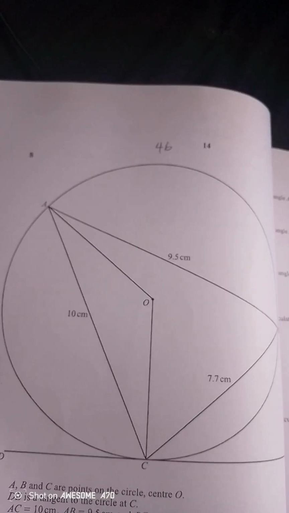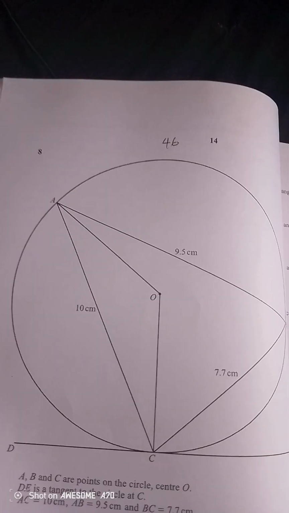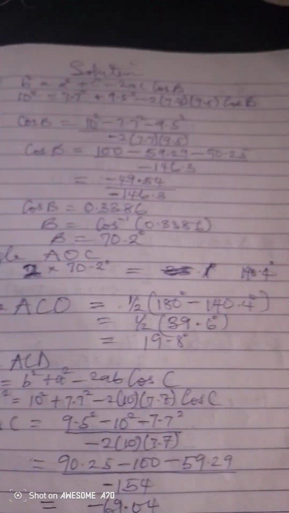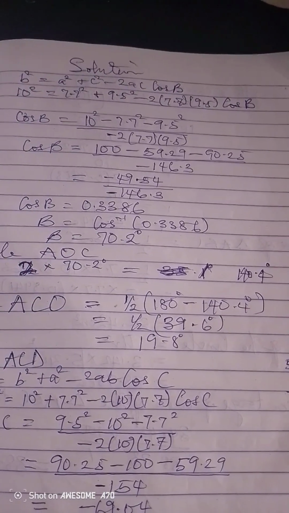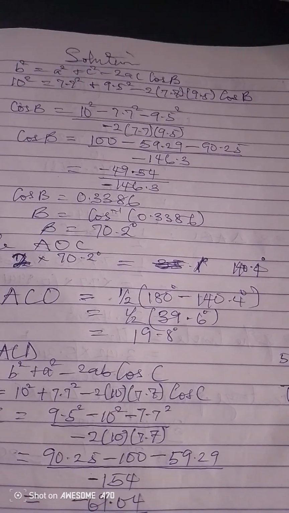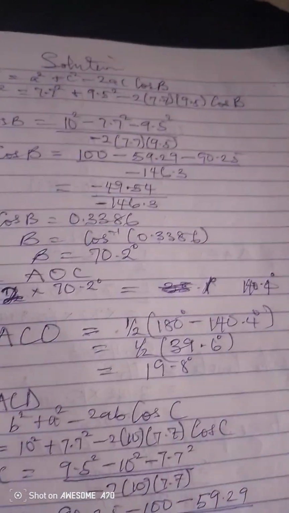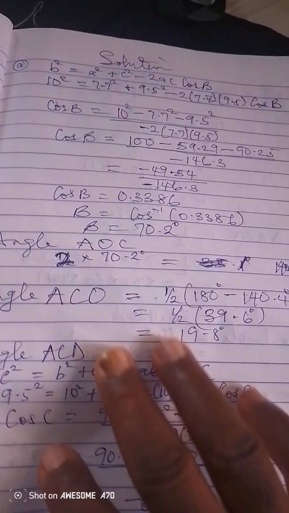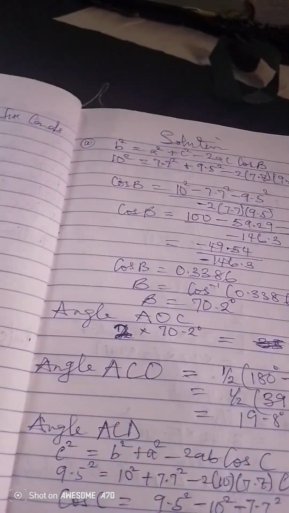Since the angle at O is 140.4 degrees, we say 180 minus 140.4, divided by 2, or multiplied by half, which is 39.6 degrees multiplied by half, which is 19.8 degrees. 19.8 degrees is the angle ACO. Now we need to find the angle ACD.